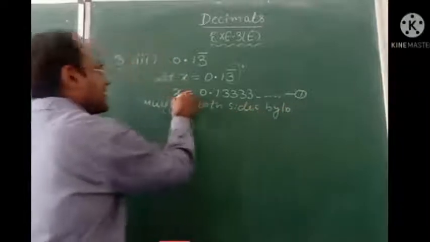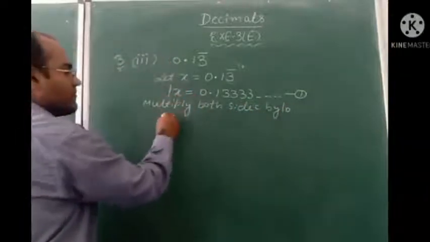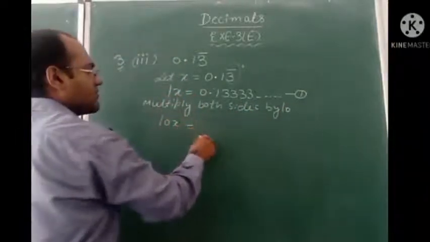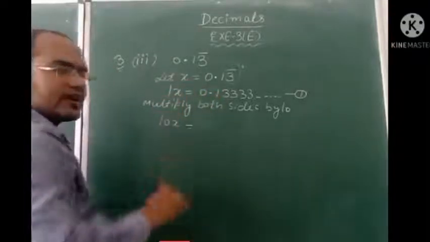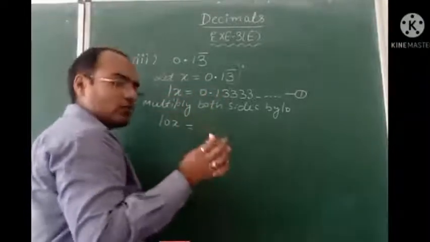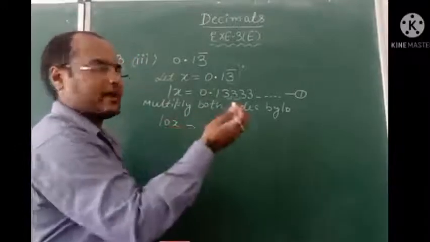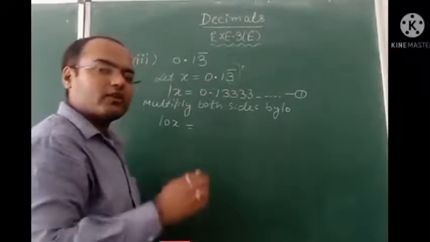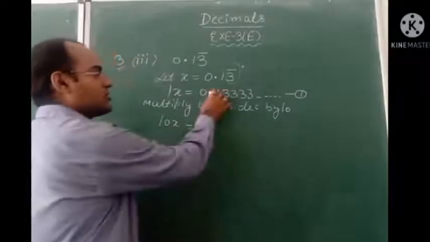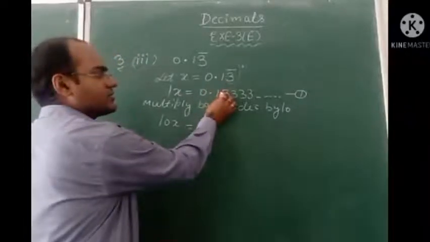So on left hand it is 1x. When we will multiply with 10, it will become 10x. When we will multiply this number with 10, then as I told you in the previous question, on multiplying, the decimal will shift to right. So in the 10, how many zeros are there? Only 1 zero. So this point will shift one place right. That means we will write here.